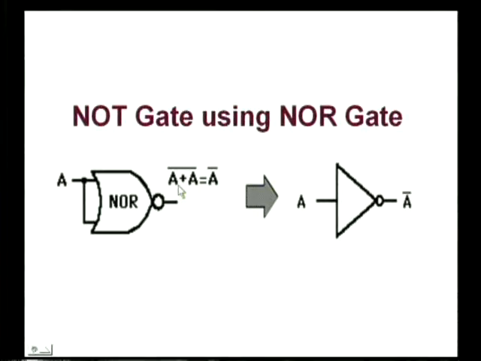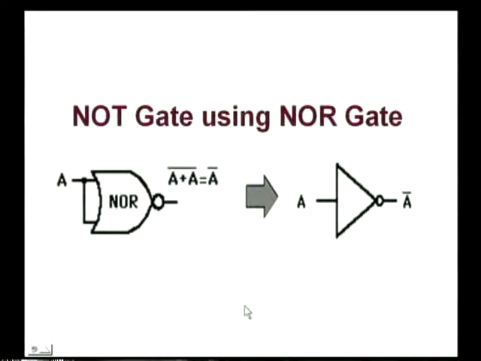Our basic postulates of Boolean algebra say that the same literal when ORed will produce itself, that is A ORed with A will produce A. Thus, the final output is A bar, which is desired for an inverter. Hence, given the input A, we are getting the output A bar. Hence, here we are using this NOR gate as an inverter.